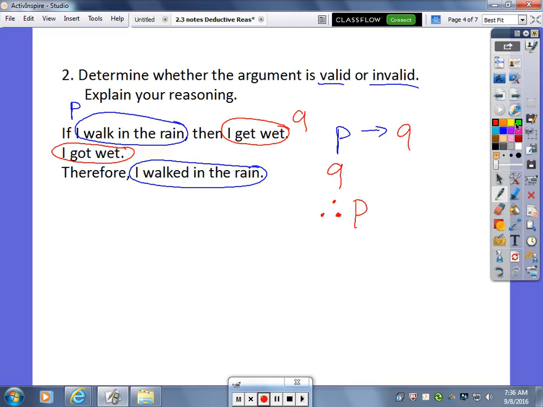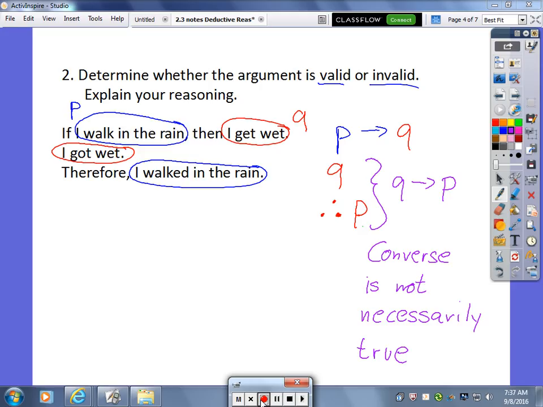So you see what actually happened here, right? If you look at this piece, then actually they are using Q leads to P. If Q, then P. And that is actually the converse. Changing my colors here so you can see it a little better. The converse, as you remember from our last lessons, is not necessarily true.